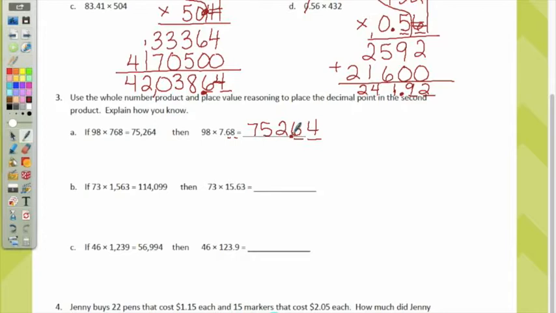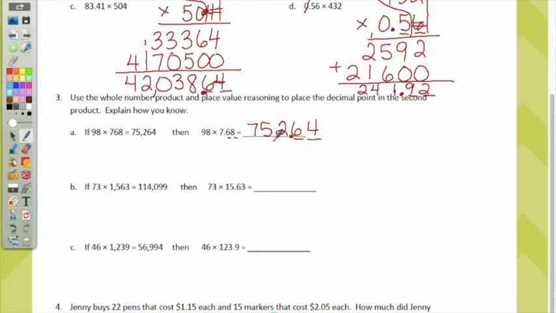Okay, so what if I did times and divided by 100? Oh yeah. That's what I was thinking. So 7 and 68 hundredths would be 768 if I multiply it times 100, right?